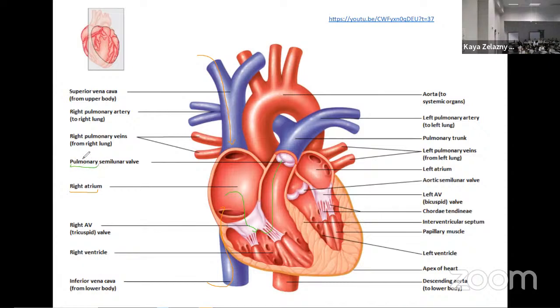Anytime you see pulm, think lungs. It's the pulmonary semilunar valve, which has to do with the shape. We're going to the lungs because all this right side of the heart contains deoxygenated blood, so we're going out to the lungs where we pick up oxygen.